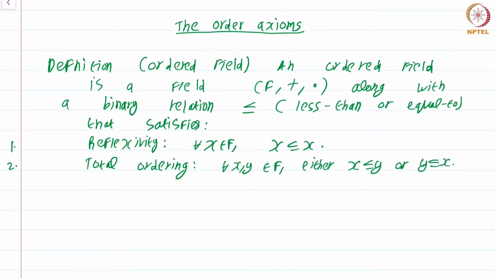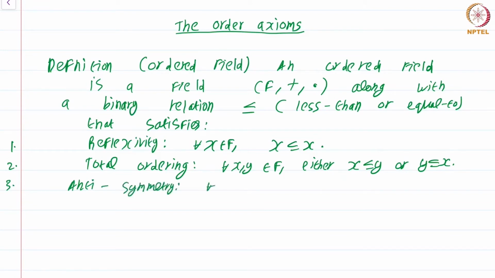Note, I say either x less than or equal to y or y less than or equal to x, but as we have seen in the modules on logic, whenever we use or, we always mean inclusive or. It's possible that both x is less than or equal to y and y is less than or equal to x, and that happens precisely when x is equal to y. That's the content of the next axiom, antisymmetry.